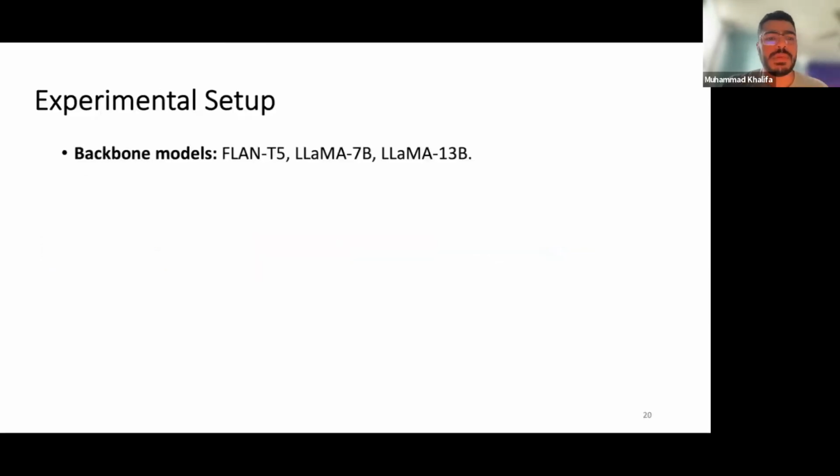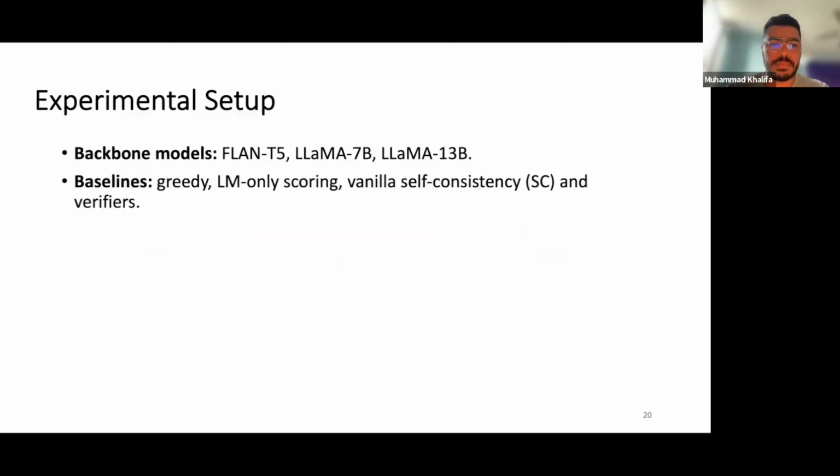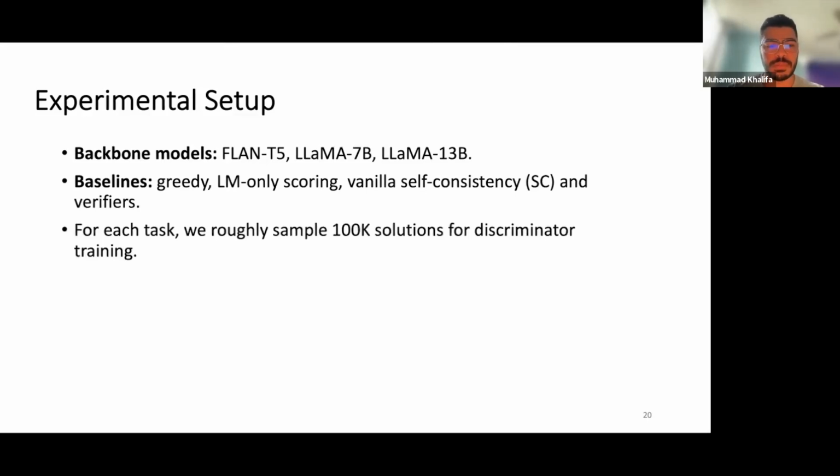Let's talk a little bit about the experimental setup. As backbone models, we use Flan-T5, Llama 7B, and 13B. As baselines, we use greedy, compared to greedy language model only scoring, where we're setting beta equal to 0. So basically that means we're only relying on the probability from the language model to score the next steps. We also compare to vanilla self-consistency and verifiers, the post hoc approaches we talked about.